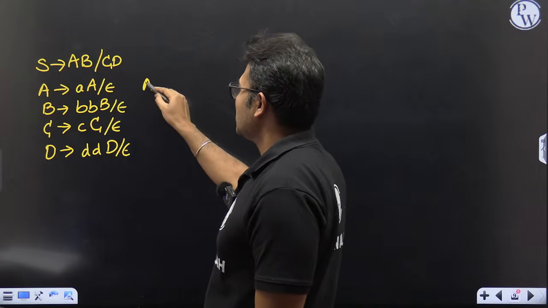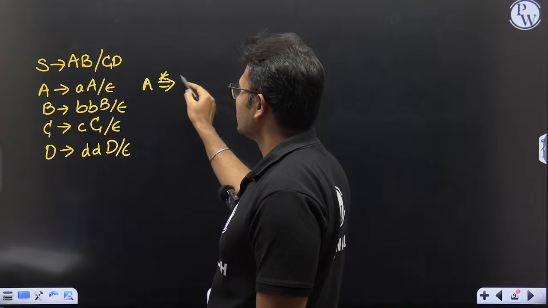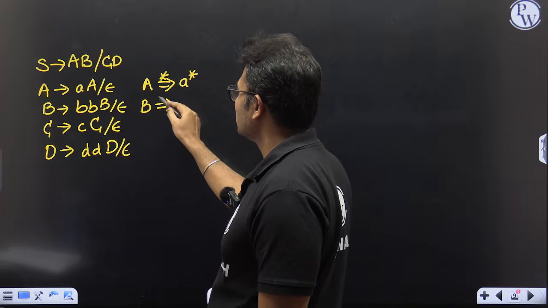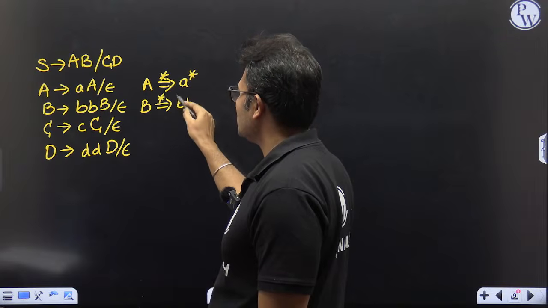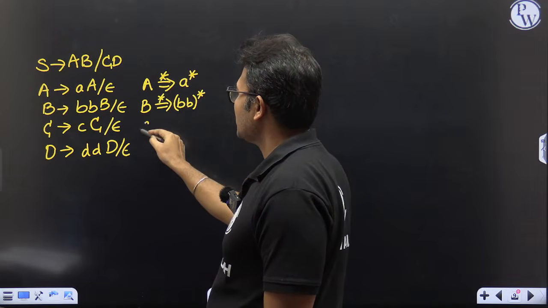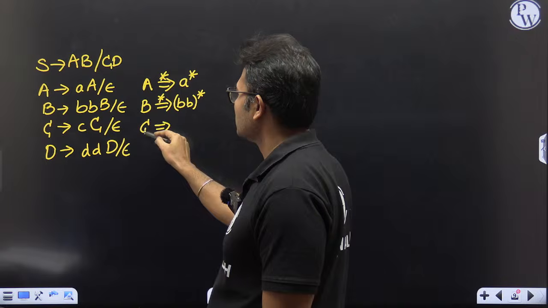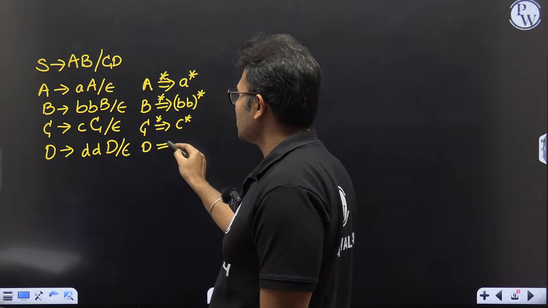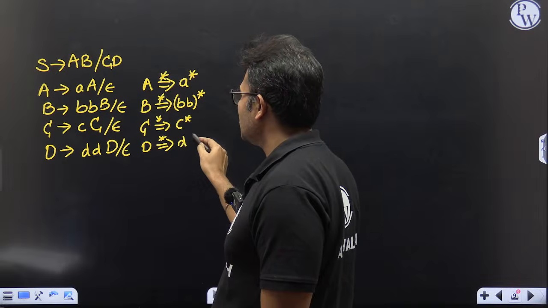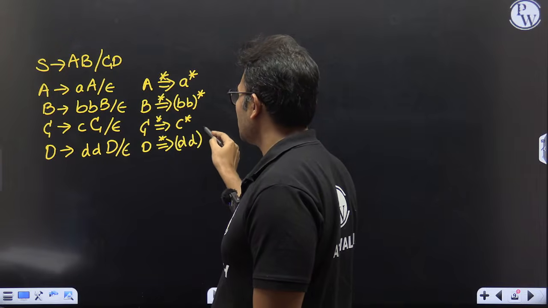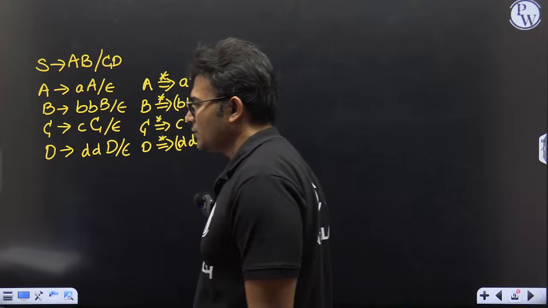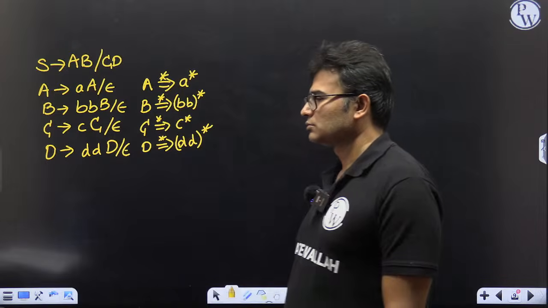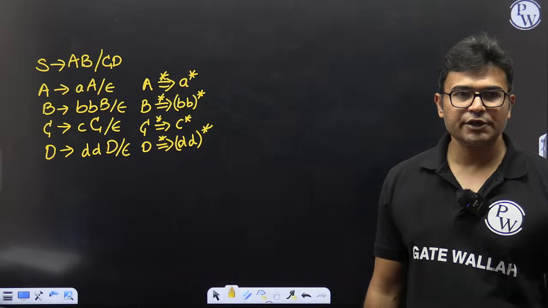So you can see that A is deriving A star and B is deriving BB star, and C is deriving C star and D is deriving DD star. Can you answer it now?